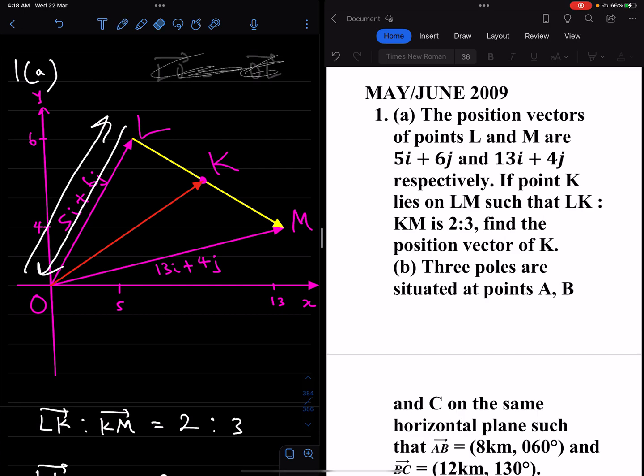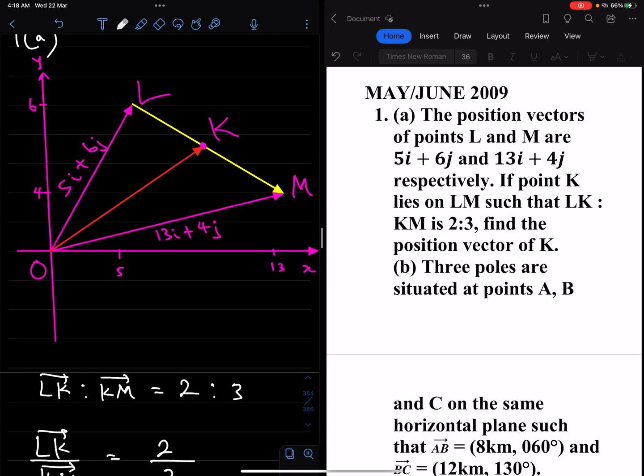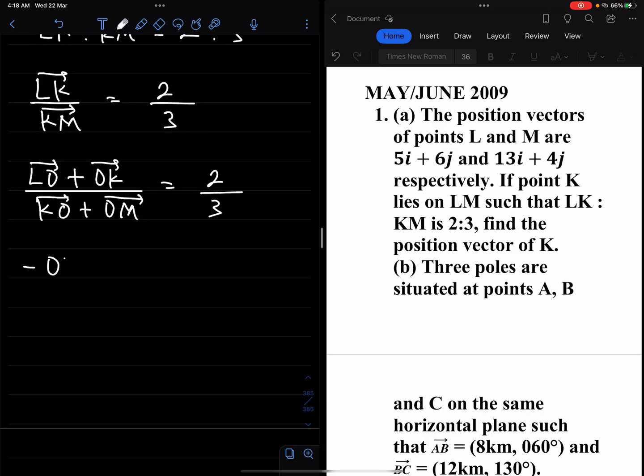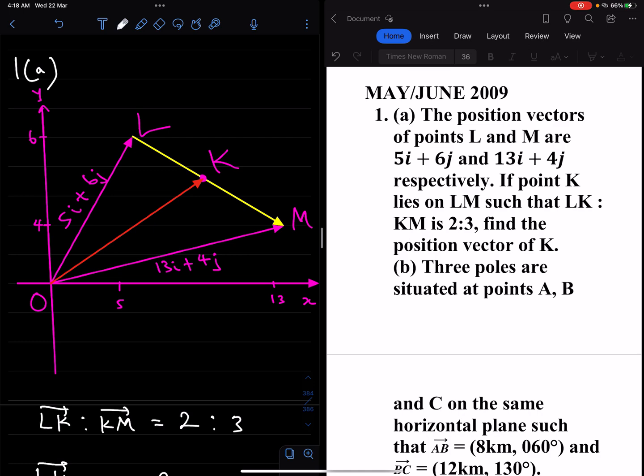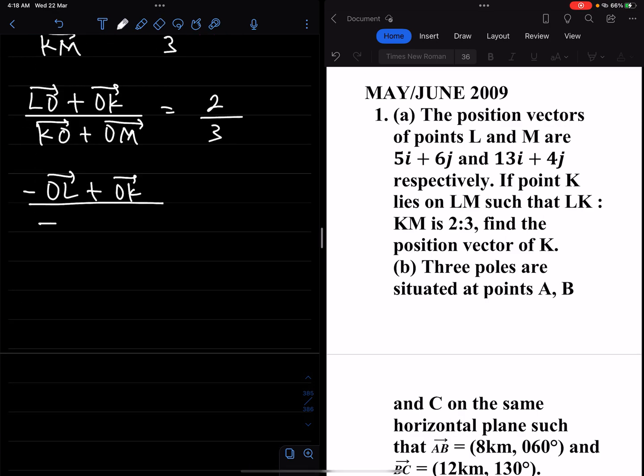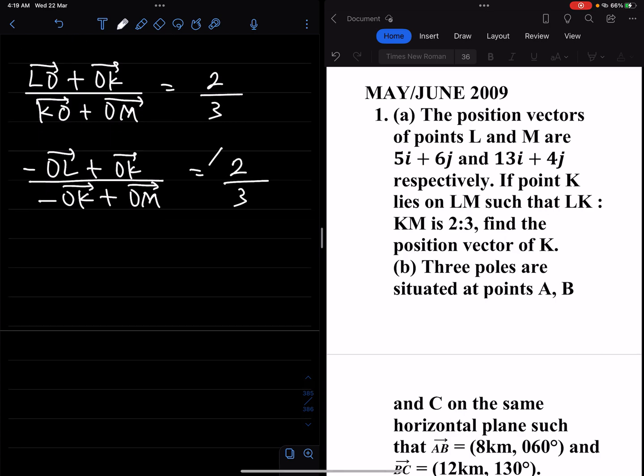So instead of LO, I'm going to write minus OL plus OK over, the vector KO is also the negative of the vector OK, because it's in the opposite direction of the vector OK. So vector KO is the same as minus OK. So that's minus OK plus OM equals 2 over 3.